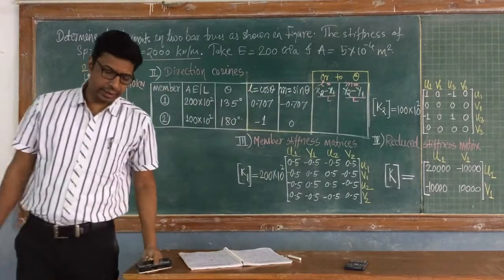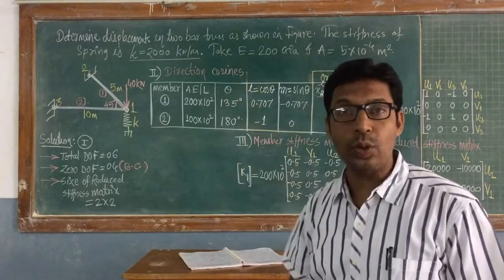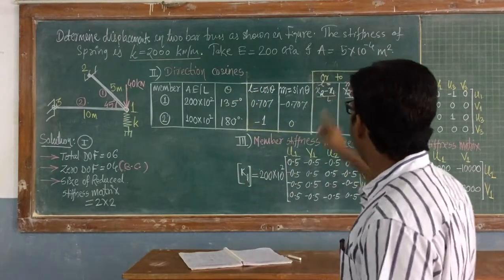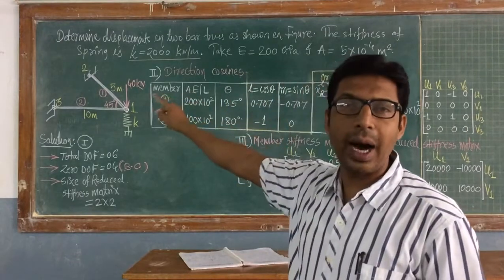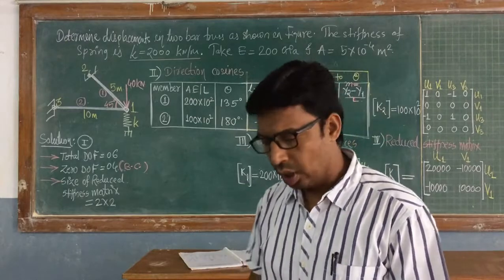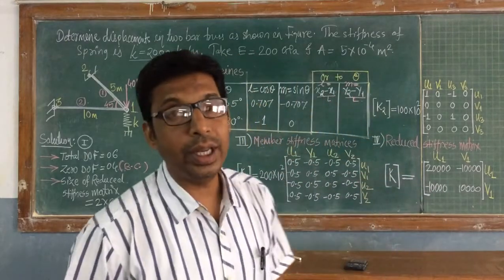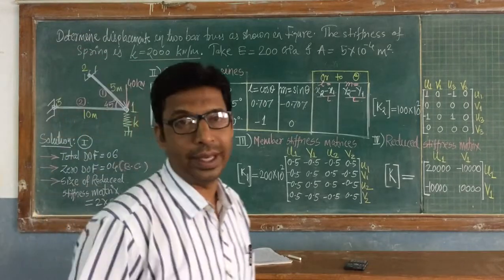Now please understand, the stiffness of spring is given 2000 kilonewton per meter. Area is given in meter square. Dimensions of bar, trusses, elements are given in meter. So all dimensions are given in meter. And E is equal to 200 GPa.